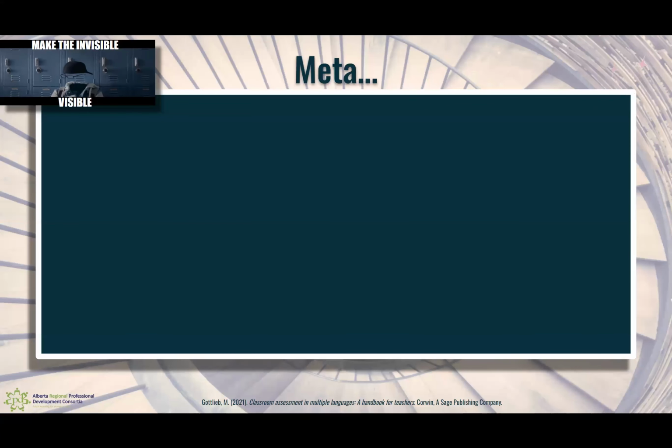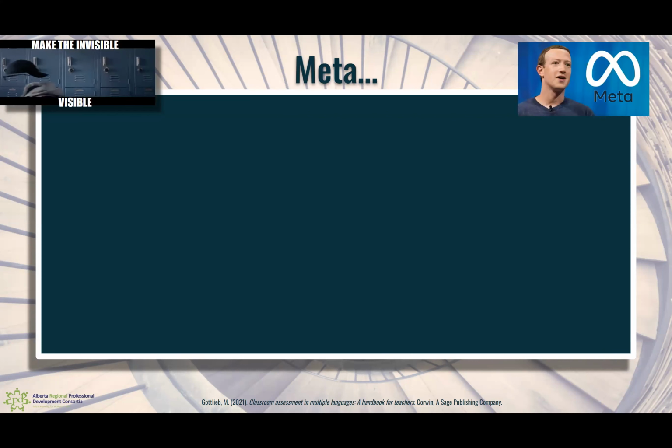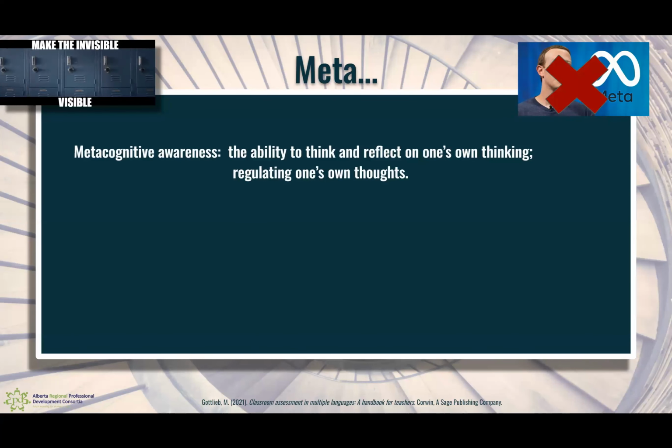So thinking about those things, and also thinking about the meta. When we think about meta, we think about metacognitive, and maybe we might think of Zuckerberg with meta, but this isn't the meta that I'm talking about. I'm talking about trying to make the invisible visible. I'm talking about metacognitive awareness, where we can think and reflect on our own thinking and regulate our own thoughts.